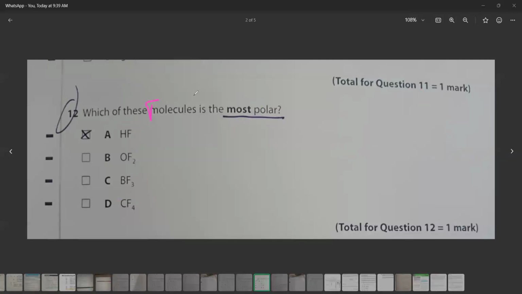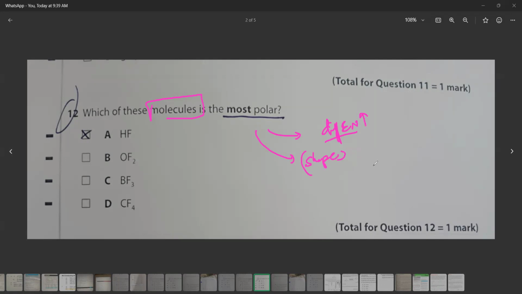One is the difference in electronegativity, how large that difference is. And the second thing you check is the shape of the molecule. So the difference in electronegativity should be higher, and the shape of the molecule should not cancel out.